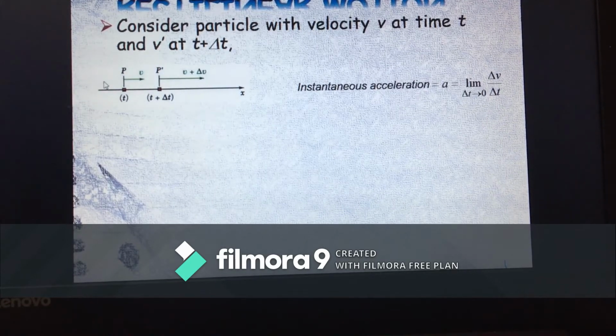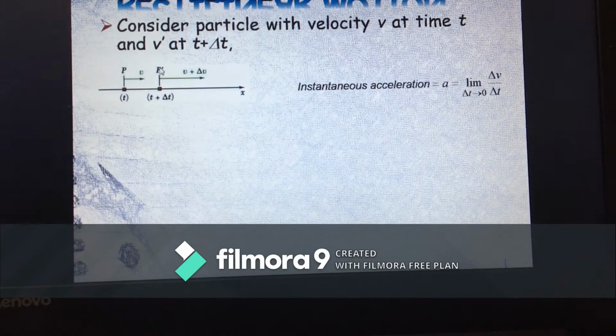Okay, so after sometimes after t equal to t, meaning time t, so ito yung position ng particle with a velocity v. Okay, and then as it moves farther after another time, so we have t plus delta t. So this is now the new position of the particle p prime, and the velocity is v plus delta t.